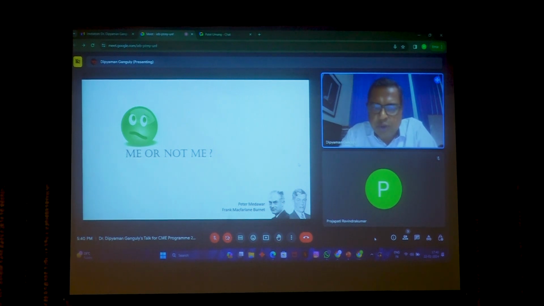Now, as you know already, immunology is a very unique subject in that it started contributing to human health much before it actually became a subject on its own, right? If you think of Edward Jenner, the vaccines came much earlier, before we actually knew a whole lot about the immune system.